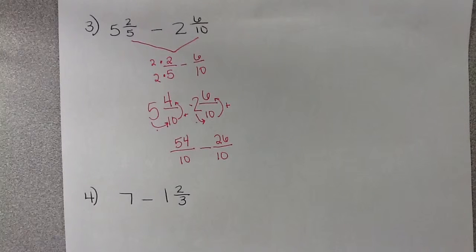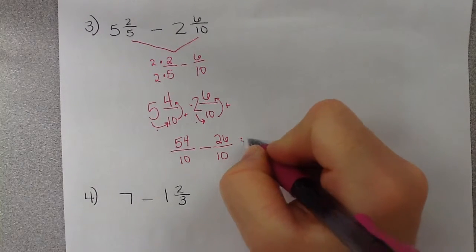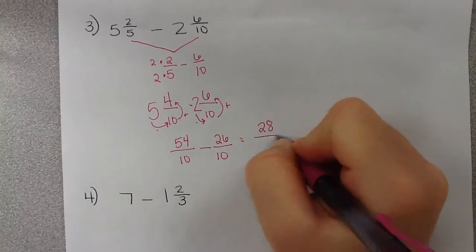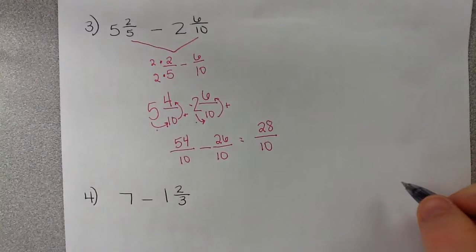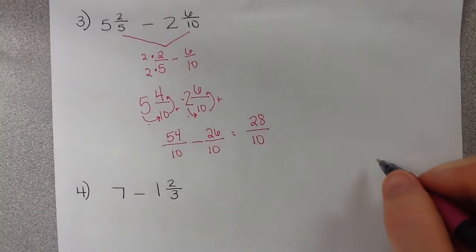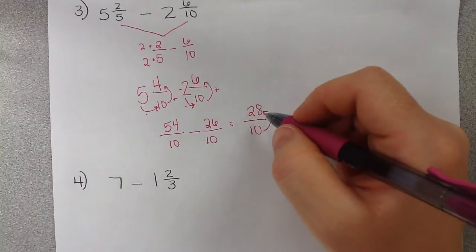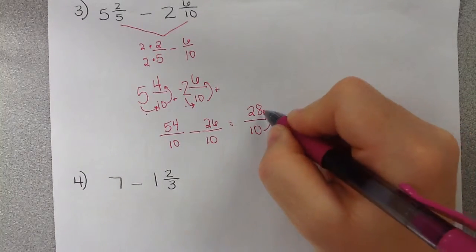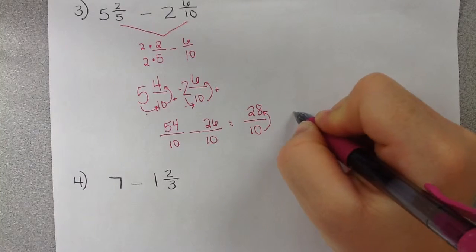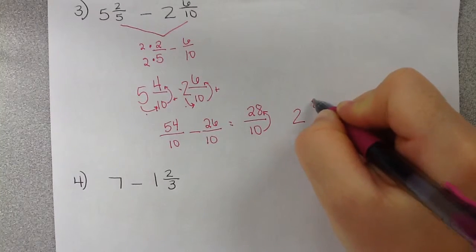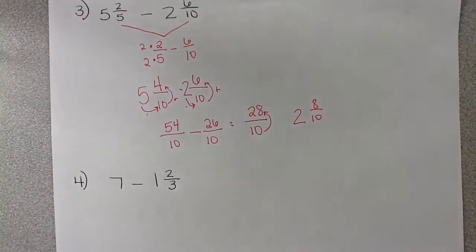Okay, and 54 minus 26, what did you get? 28 over 10. You could have either simplified these first or made it a mixed number. 10 goes into 28 twice, 8 pieces left over.